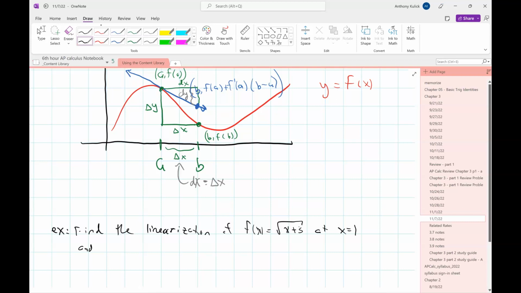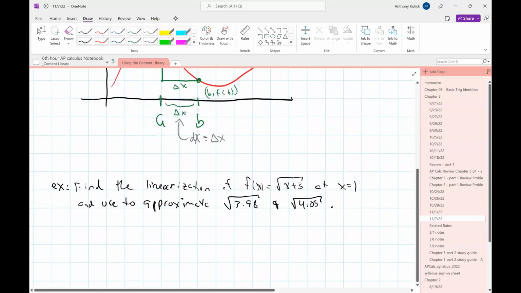And then use it to approximate square root 3.98 and square root 4.05. Is it 3.98 or 3.98.